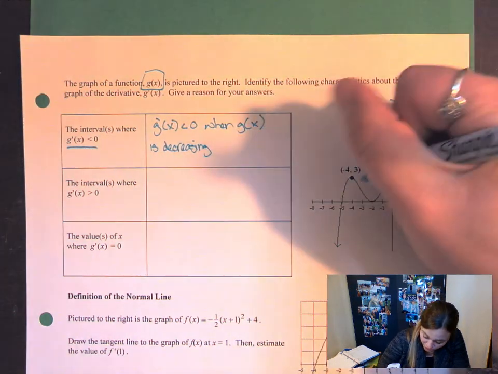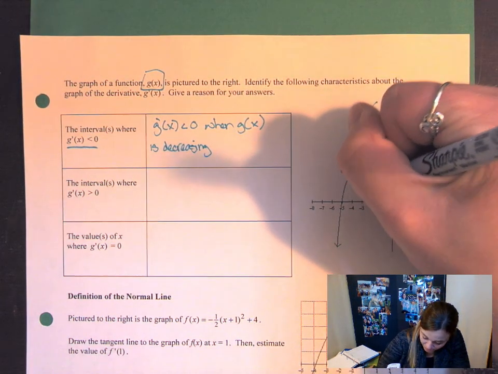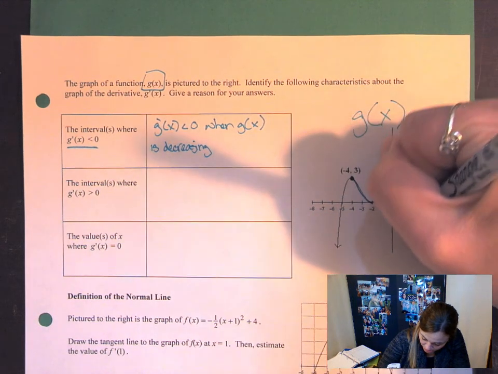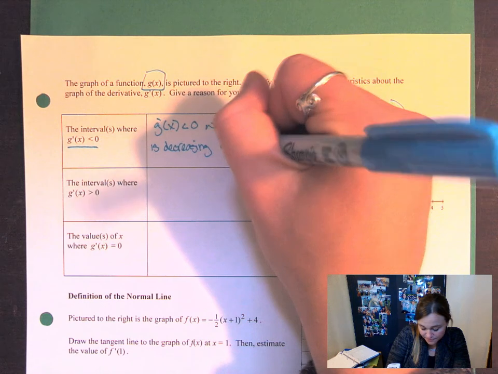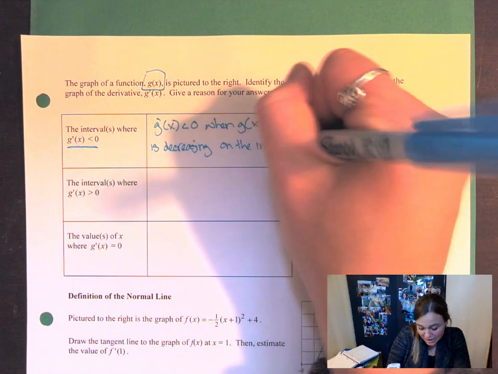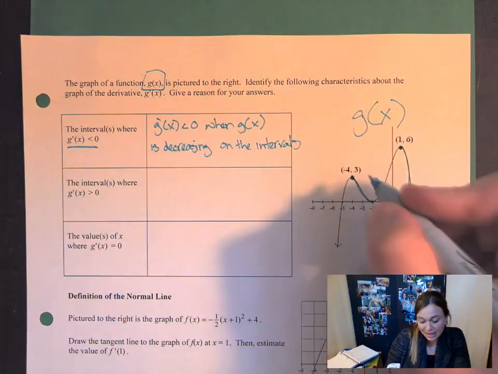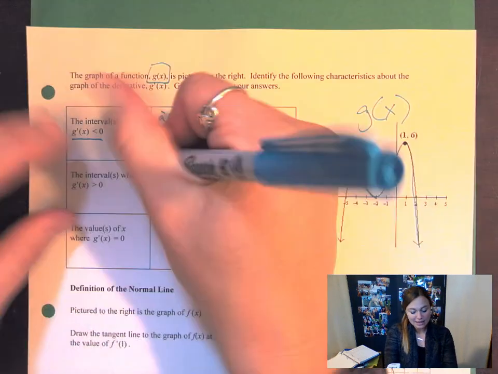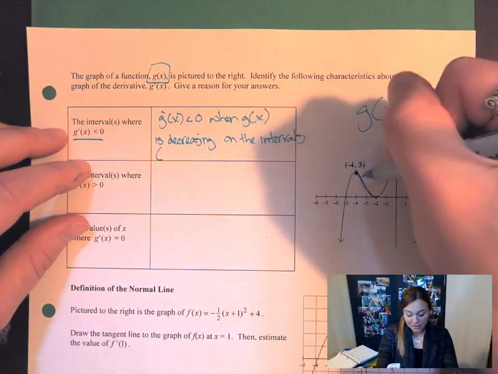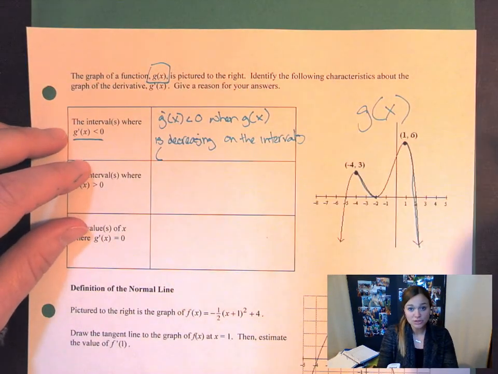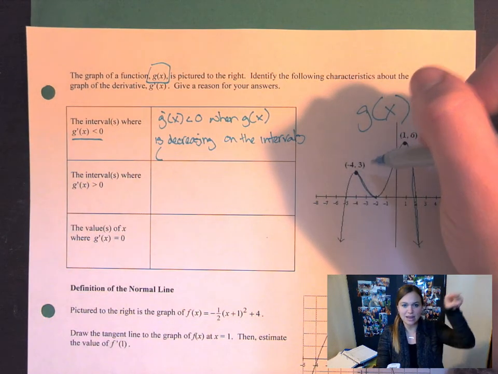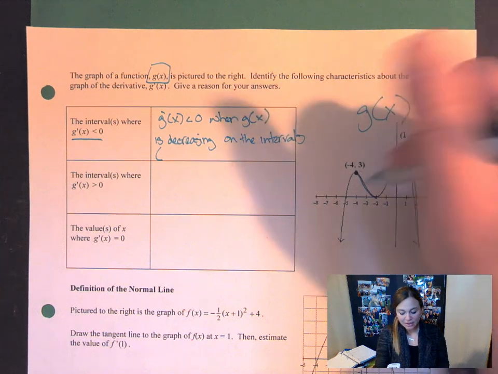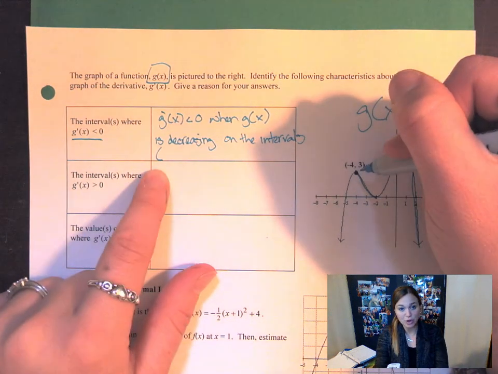And then I'm going to go over the graph and see when does that happen. And I can see there and there. So I'm going to say on the intervals, and I'm writing intervals so then I can use parentheses and it doesn't look like I'm writing a point. Because at -4, g of x has a slope of 0, meaning g prime of x is 0 because it's at the relative max. So I can't include that, so I can't use brackets here.